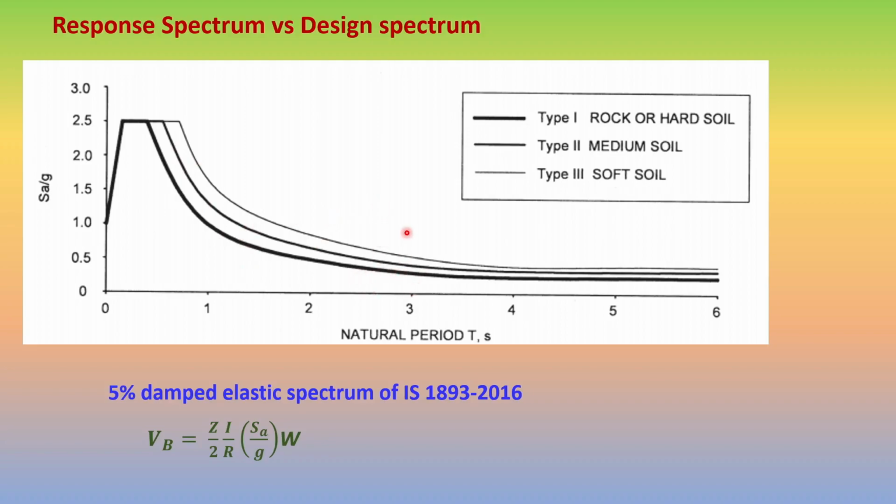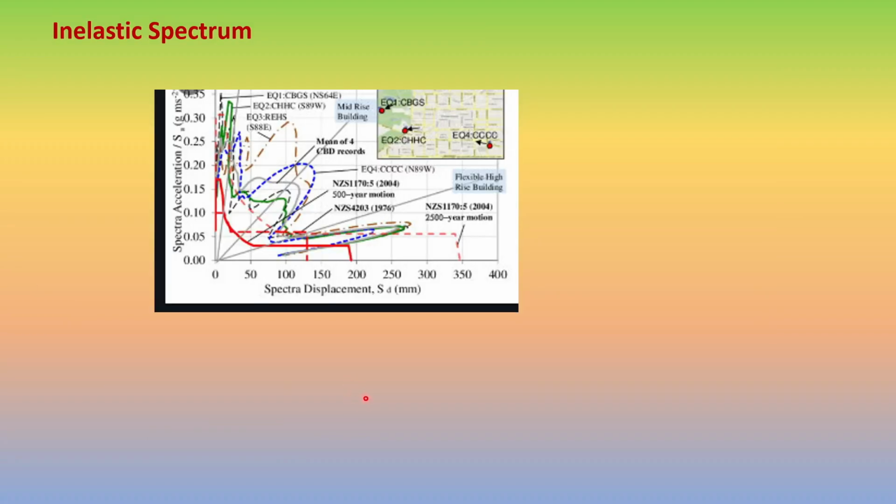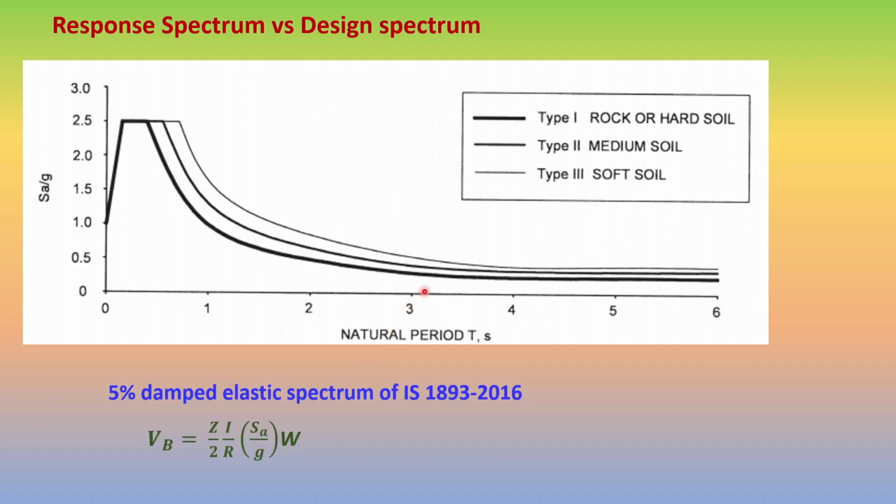Now what is the relationship between the response spectrum and design spectrum? For drawing the design spectrum you need the construction of a large number of response spectra in a country. Say I take 500 response spectra for 500 different earthquakes which took place in the past or which can be synthesized through some software.